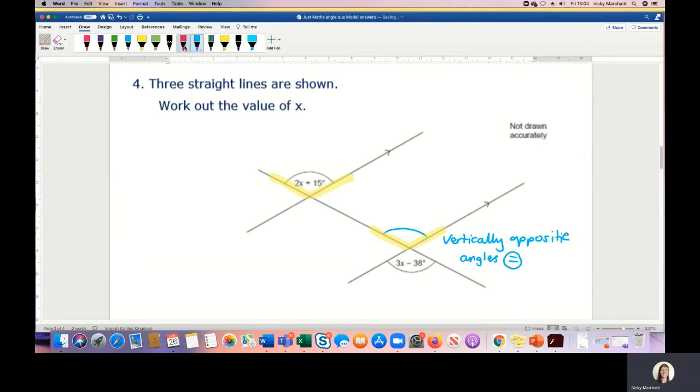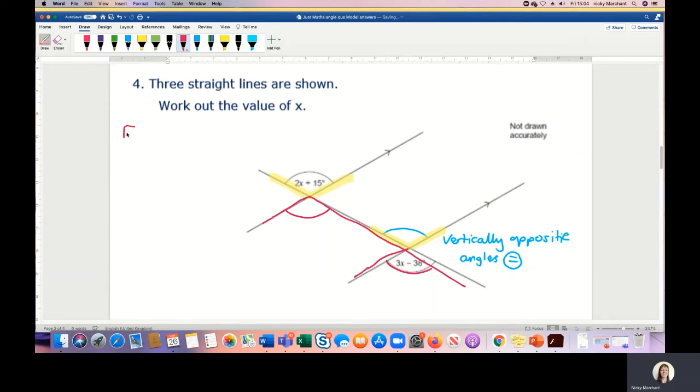The other way we could start this is by thinking about, if you didn't spot that vertically opposite bit, there's also what we know as, sometimes it's called an F angle. You could never get a mark for saying F angle, but there's an F shape there. You can see a back to front F between this angle here, okay, and this angle here, F angle. Now, that F angle, this is a really weird way of saying it.